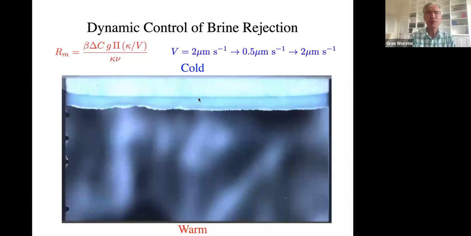Once we're above the solidus temperature, but below the liquidus temperature, we have a mushy region. That's this pale blue region here. This region is the mushy layer. That has solid ice crystals and dense brine in between. Okay, liquid brine in between.